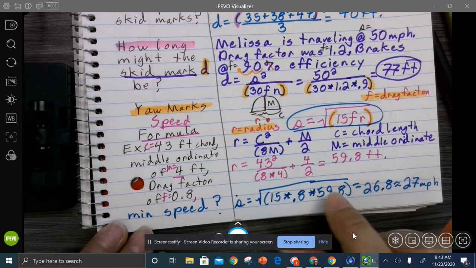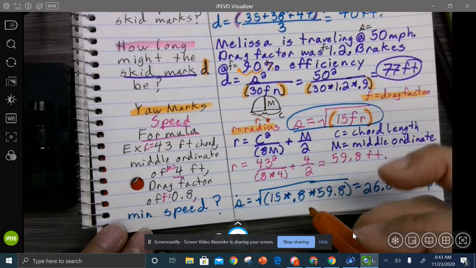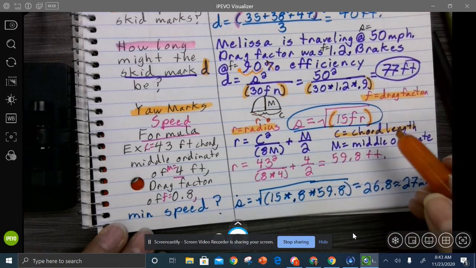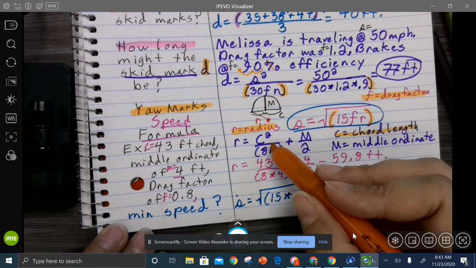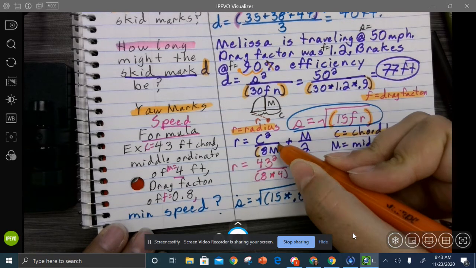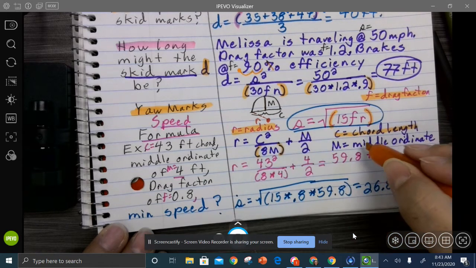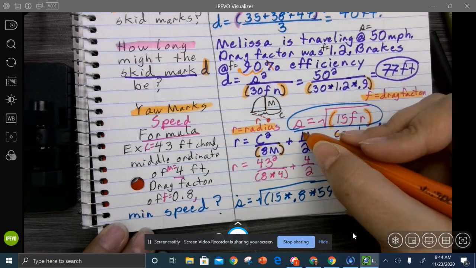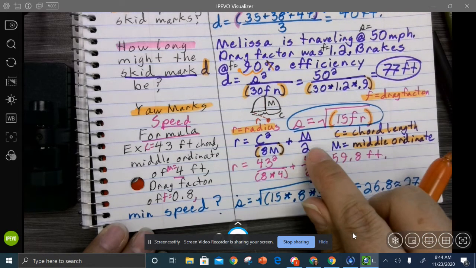For the radius, this is our formula: the chord length squared divided by 8 times the middle ordinate, yes, we have to use the parentheses, plus the middle ordinate divided by 2. You can see the diagram up here.